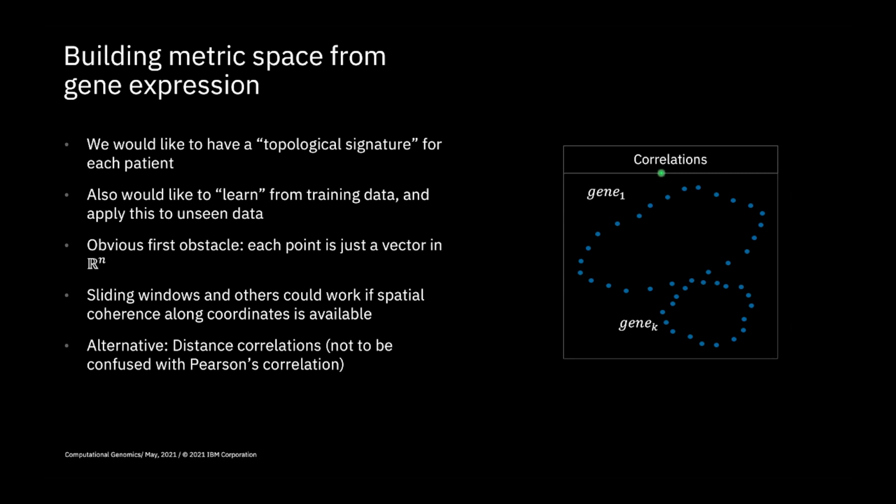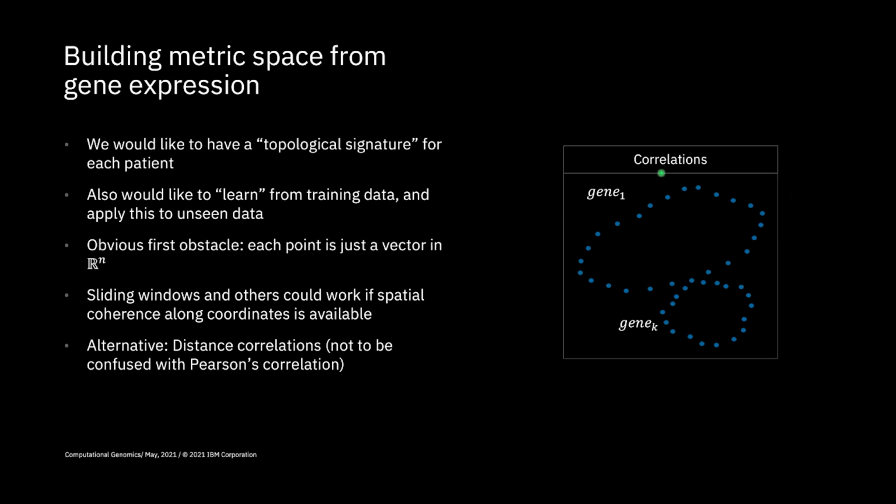So we thought, well, we could instead see how much a gene is related to another gene in a subset of this subject set. So we would measure something like a correlation between them, and then use that as a sort of notion of distance between a couple of genes.